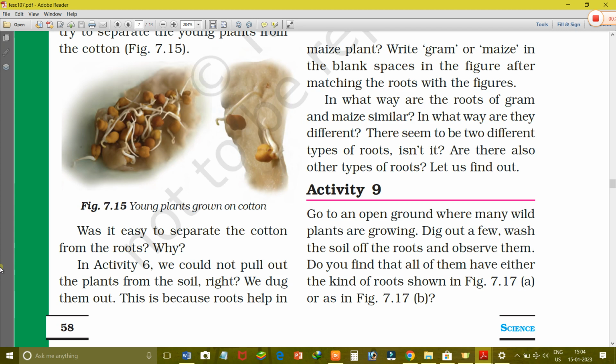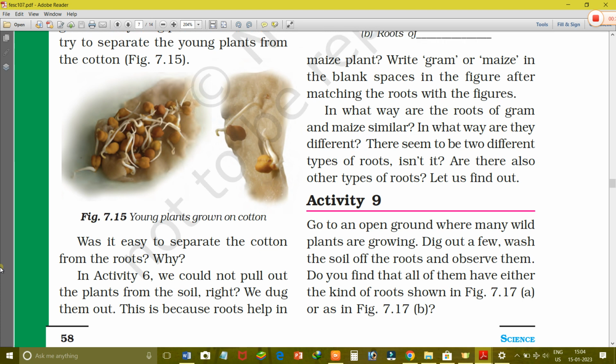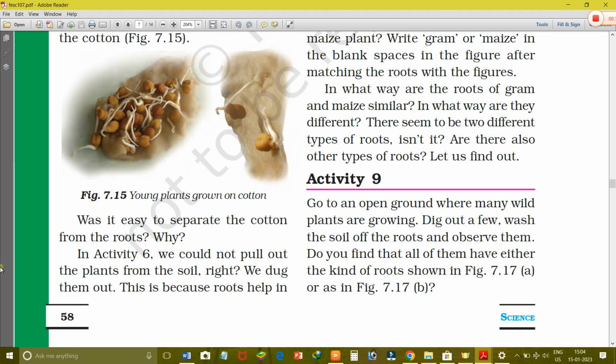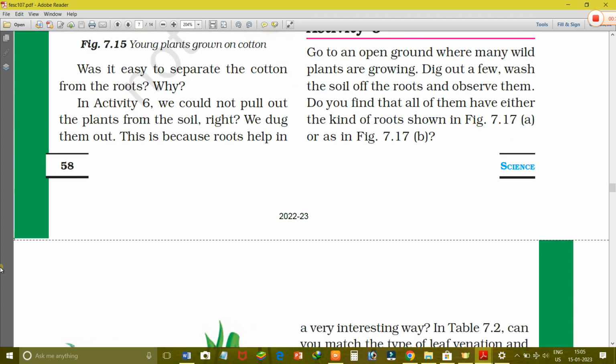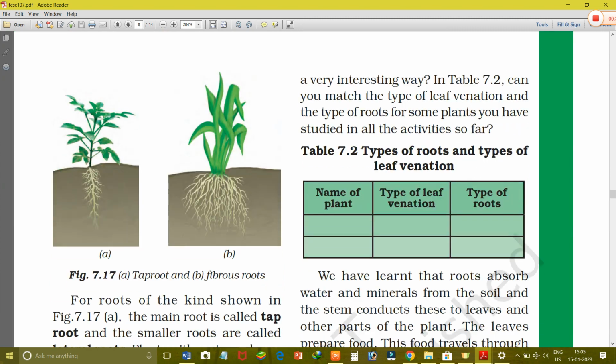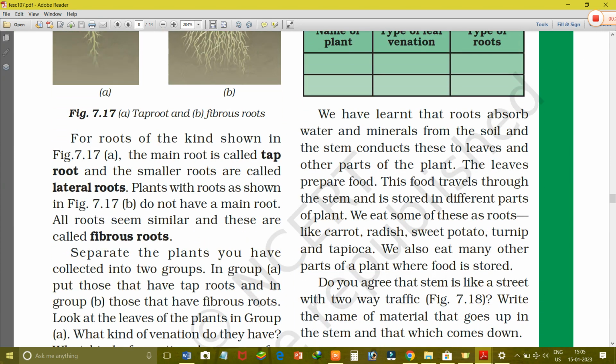Do you find that all of them have either the kind of roots shown in figure 7.17 or the other kind?